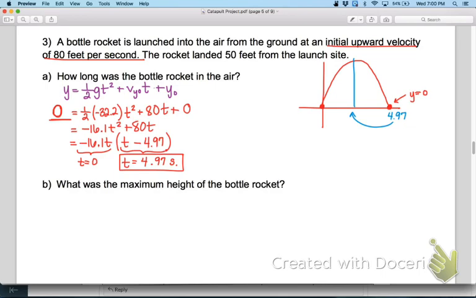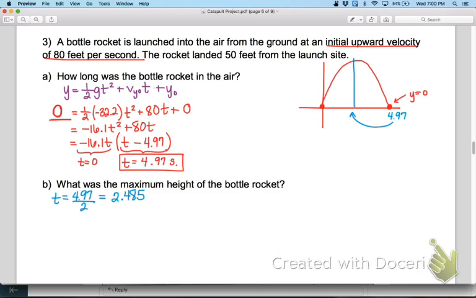So we need to figure out what time we want to use. So we want half of 4.97. And that comes out to 3 decimals. And I'm going to keep all 3 of them, 2.485. That is what we get when we divide that out, okay? So we are trying to solve for y again this time.